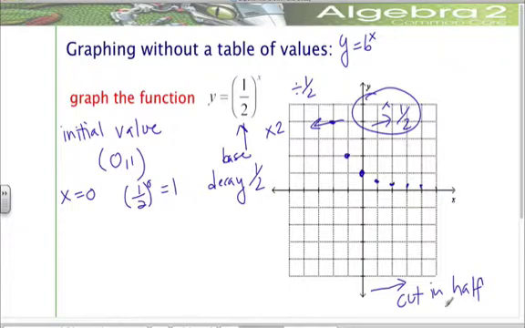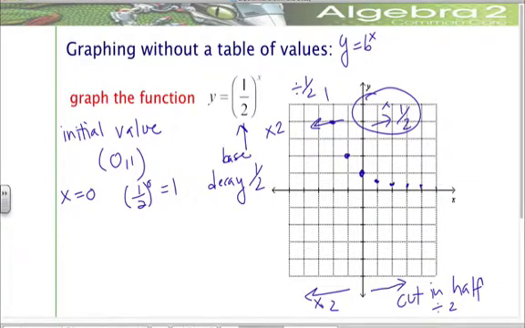In other words, they are divided by 2. But if I'm going to the left, my y values are getting multiplied by 2. They're getting divided by 1/2, which is the same as multiplying by 2.